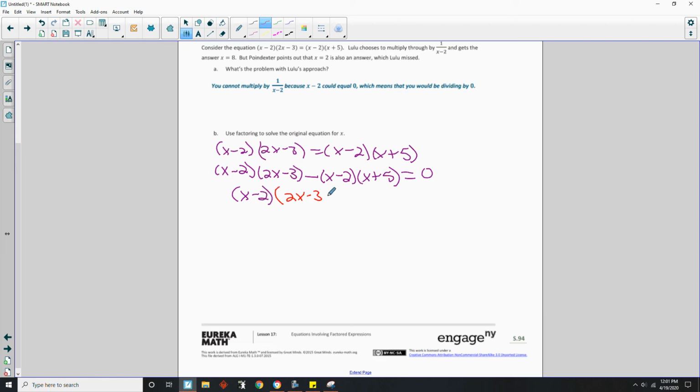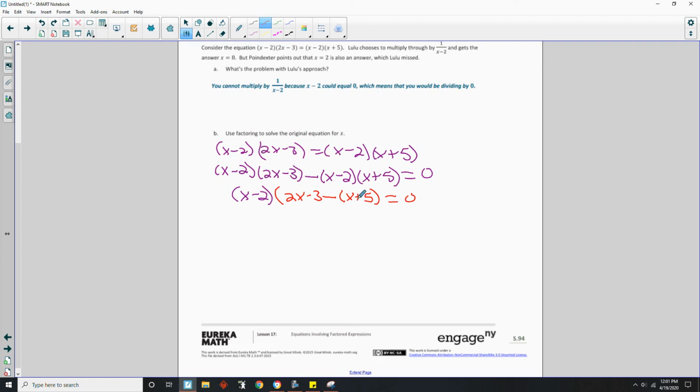And then there's a minus sign here. So it's going to be minus, and then x minus 2 times x plus 5. So if I just put x plus 5 here, then you see this term. So this times this would give us this piece right here. And this times this would give us this piece here. Okay? So it's just a distributive property, and it still equals 0.